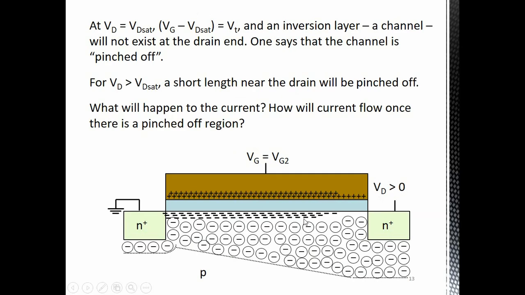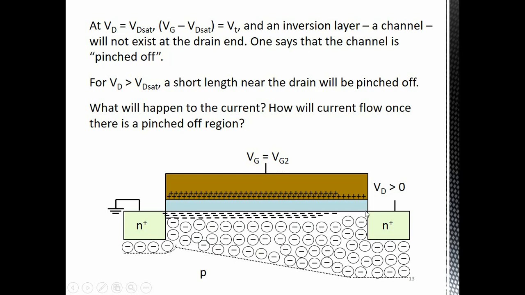So here is a pictorial representation. If we have some gate voltage, and if the drain voltage is greater than Vg minus Vt, then there will be a region here where no channel exists, because the gate to drain voltage is less than the threshold voltage.